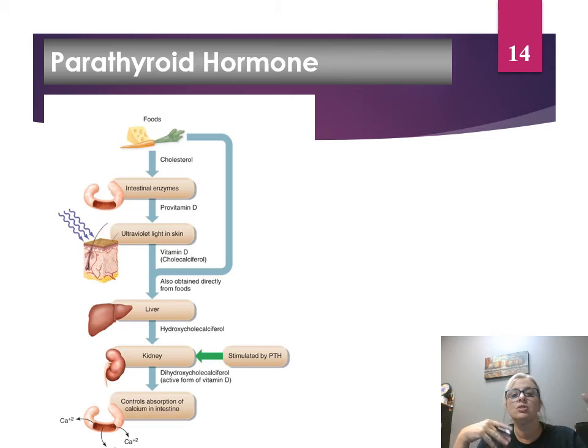It's not that you get your vitamin D, it's that ultraviolet light triggers the release, or the absorption of that vitamin D, I should say, that we get directly from foods, but then we have to have the ultraviolet light in order to get it converted. It's going to be a provitamin or precursor in the skin, and then it needs to be activated, and so then it becomes the full vitamin. And so this is important for calcium absorption.